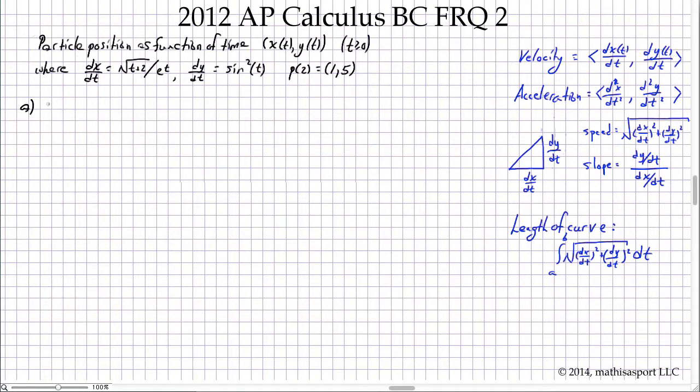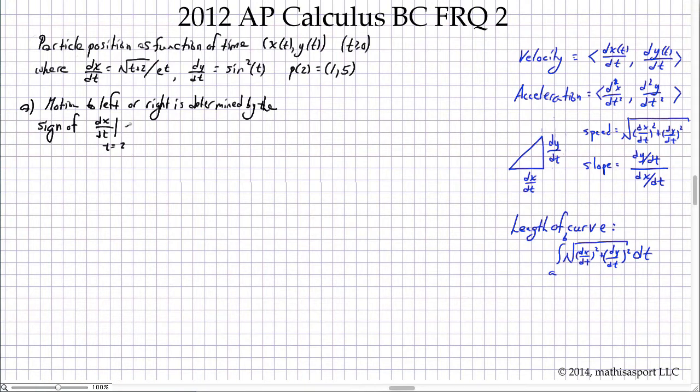So we're going to just say motion to left or right is determined by the sign of dx dt at t equals 2.